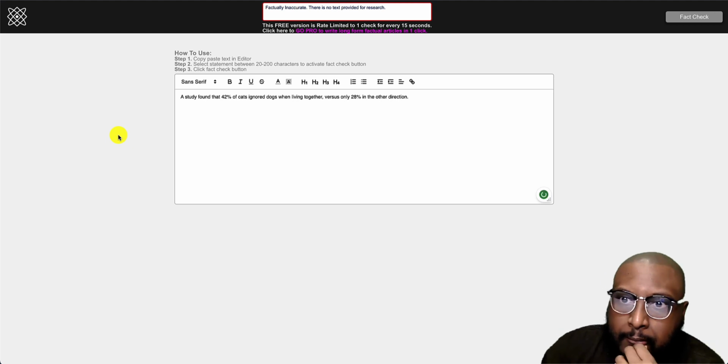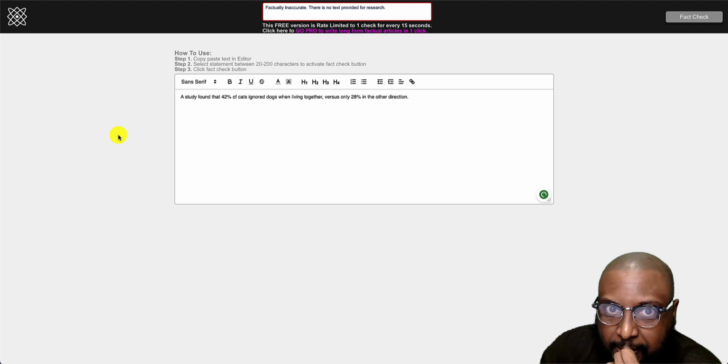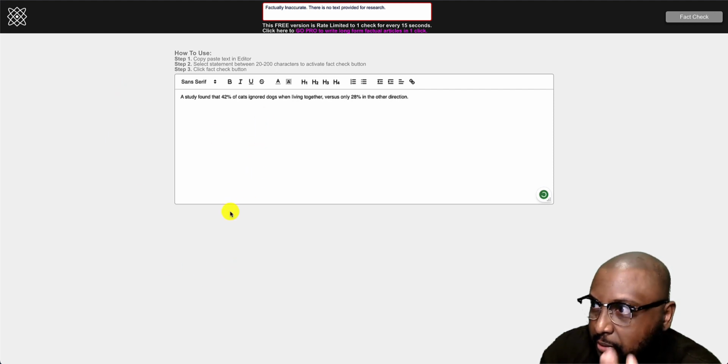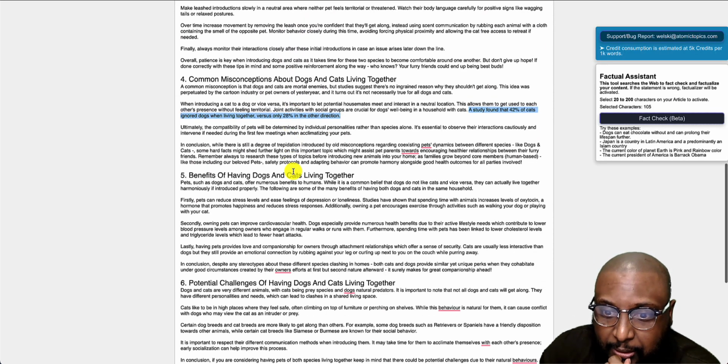So I guess this is still in beta and has some kinks here, the fact checking, because nothing happened. I'm using Chrome browser and a Mac OS. So still a work in progress in this section, I believe, but a pretty decent article to start out with.